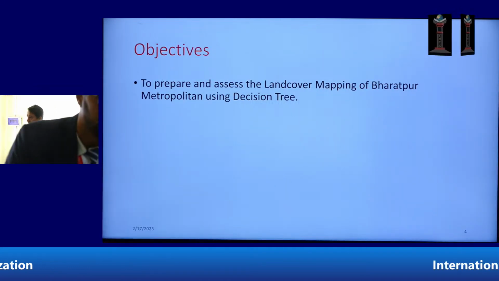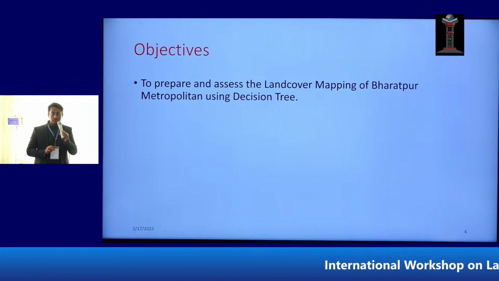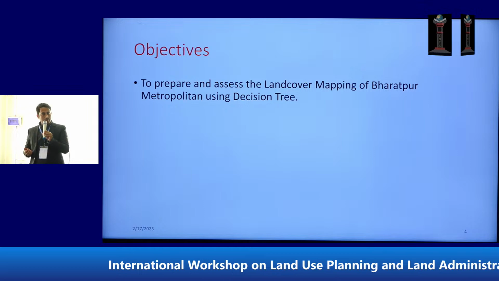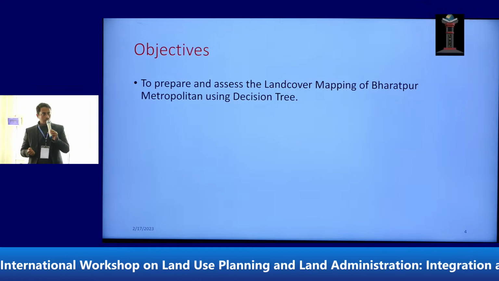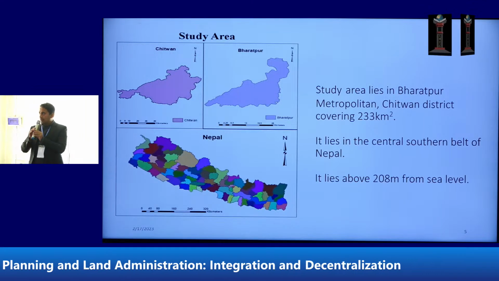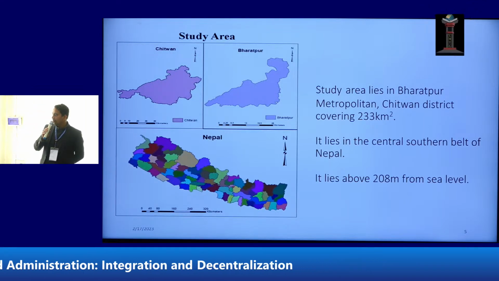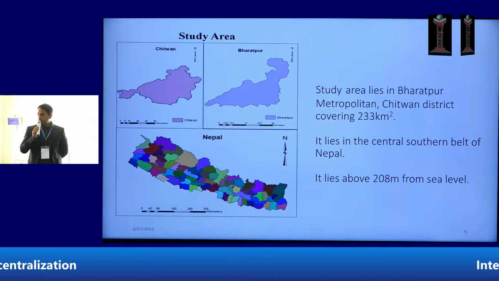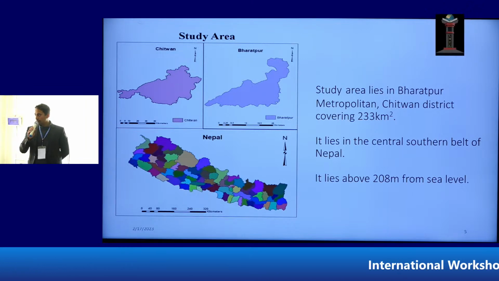The objective of my research is simply to prepare and assess the land cover mapping of Bharatpur Metropolitan City using the decision tree. This is the study area, Bharatpur Metropolitan City, covering 233 square kilometers.